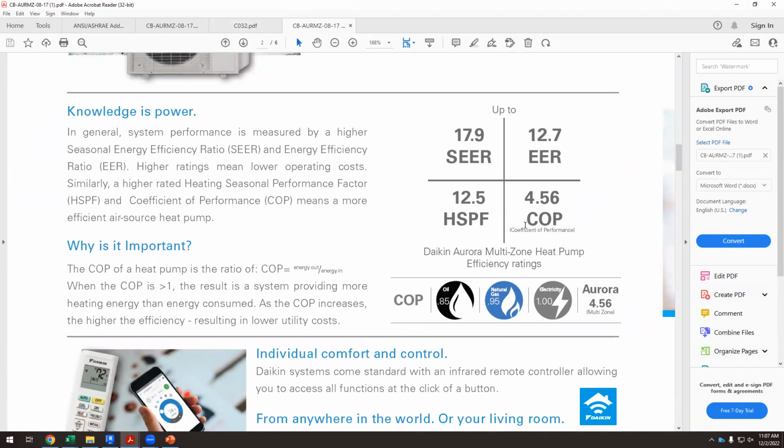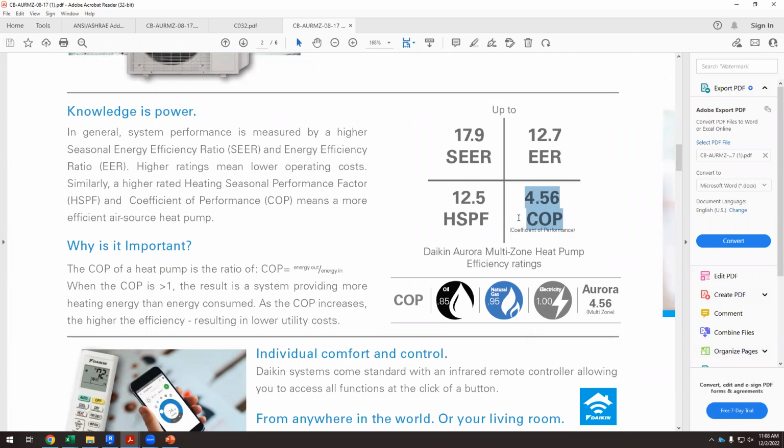This is 4.56, and these are other ratios. And again, if we convert things, all these numbers are related. If we are working in international units, kilowatts or kilowatt hours, we select this. The higher, the better. I told you that 2 is quite bad. 6 is incredibly good. 4.5 is good enough. That depends on the outdoor and indoor conditions. So again, we have an idea, it's around 4.5.